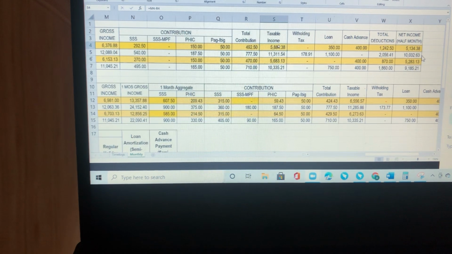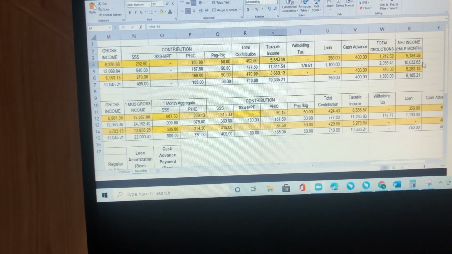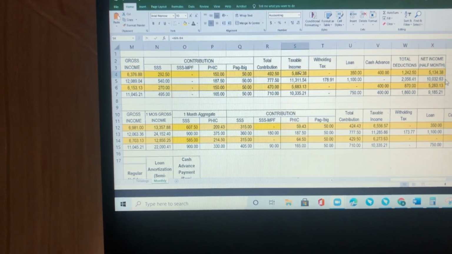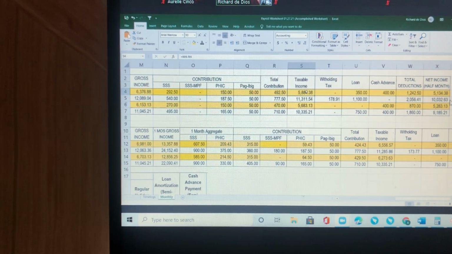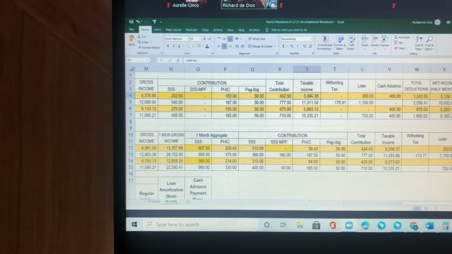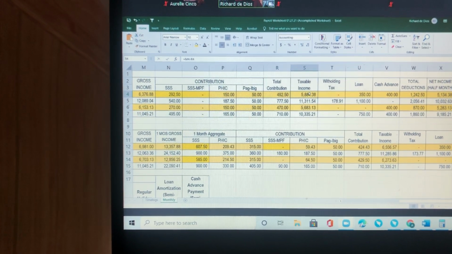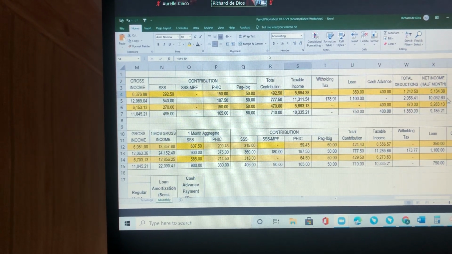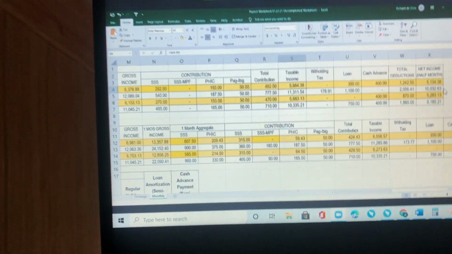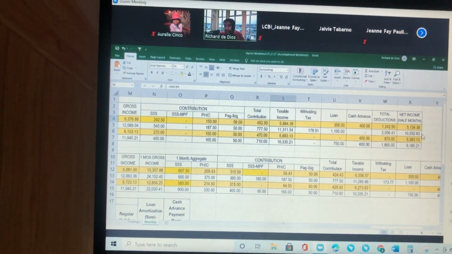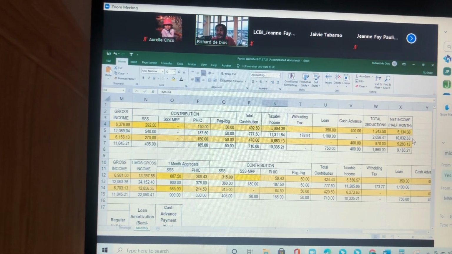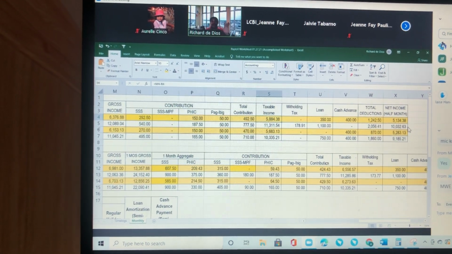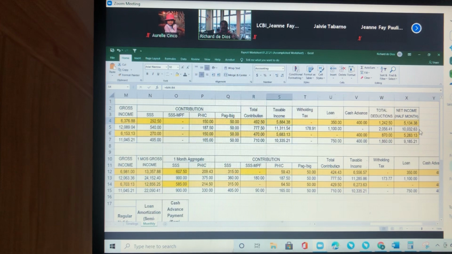Anong tawag natin for isang taong sumisweldo ng 537 sa Metro Manila per day, for non-agricultural? Okay, they are minimum wage earners. By law, lahat ng MWE, zero ng tax. So, hindi na natin kailangan computan kasi that applies to the person.